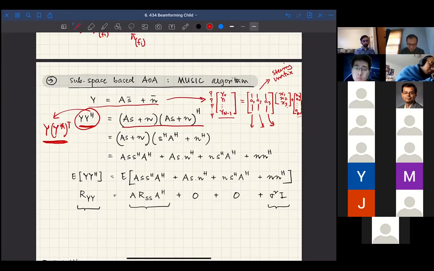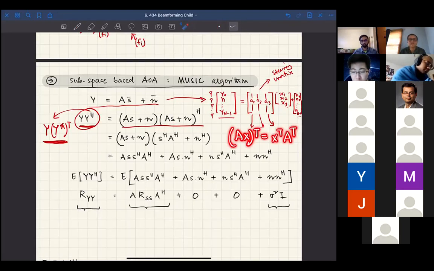Very good. So then I can write the right-hand side as AS plus N. And remember, when you take the transpose of A times S, it becomes S transpose A transpose. Right? AX transpose is X transpose A transpose. You know that, right?